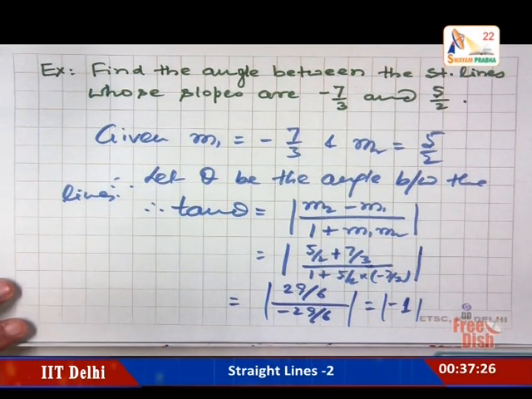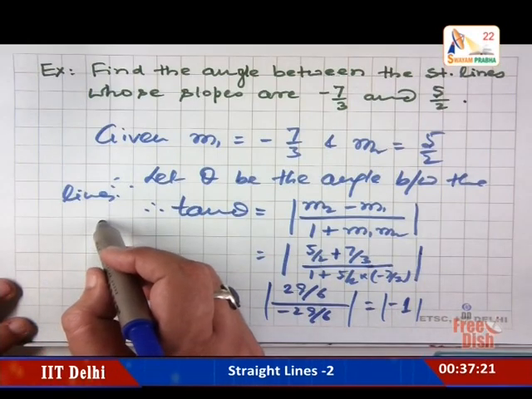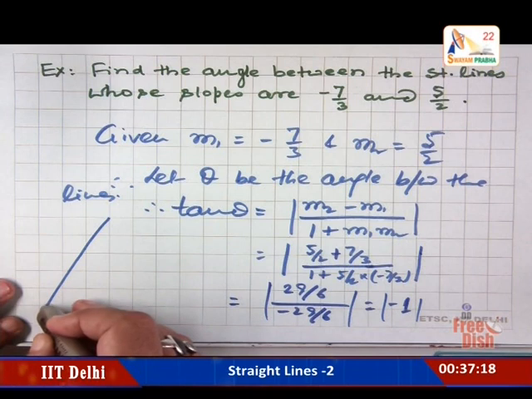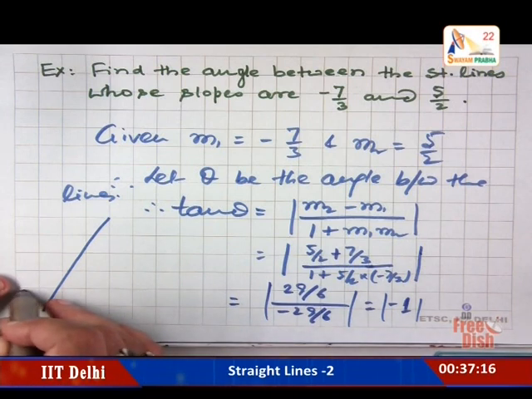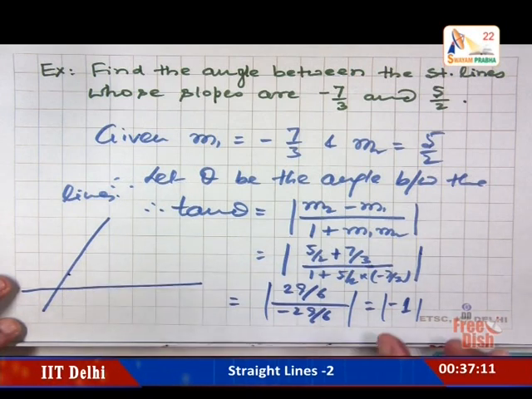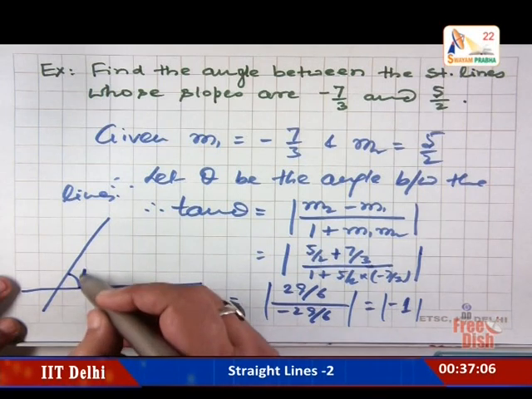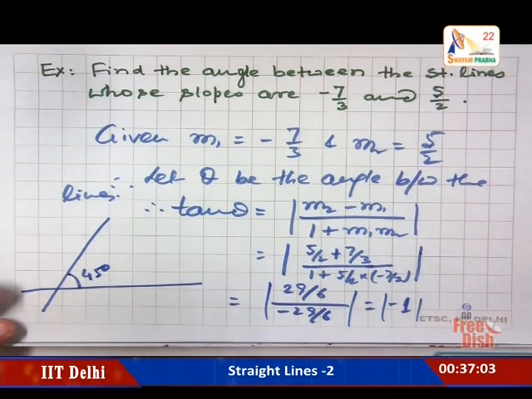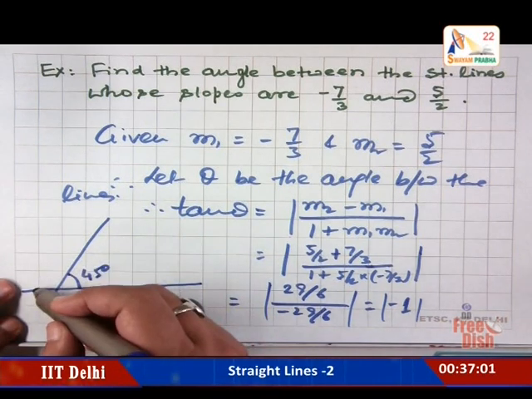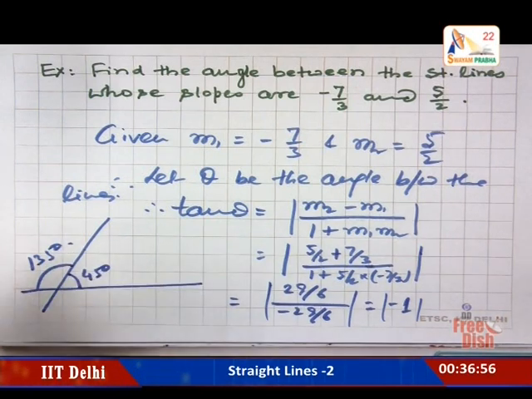The situation is like this, these two lines are like this. If you take plus 1, it means these two lines make 45 degrees, or if you take minus 1, then these two lines make 135 degrees. So by the concept of the slope of a line, we can also find the exact angle between these two lines.